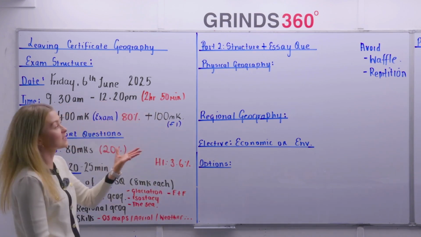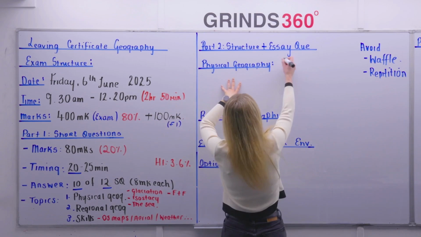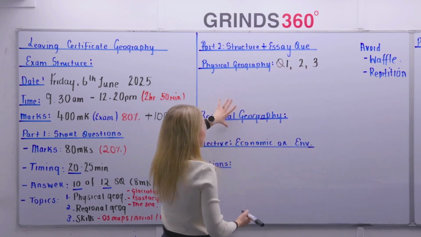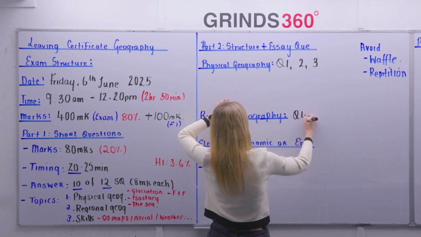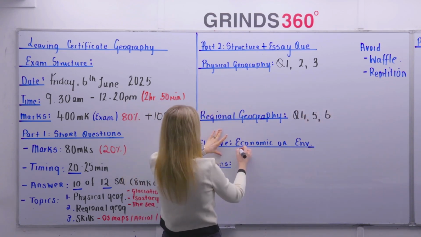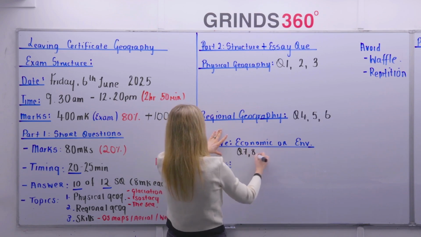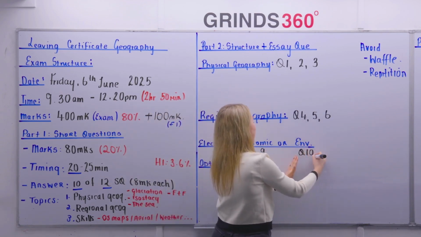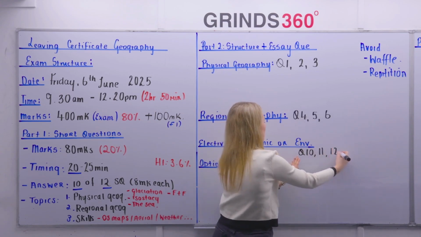Physical geography is questions number 1, 2, and 3. Regional geography is questions number 4, 5, and 6. My economic elective is 7, 8, and 9. And my human environmental is questions number 10, 11, and 12.